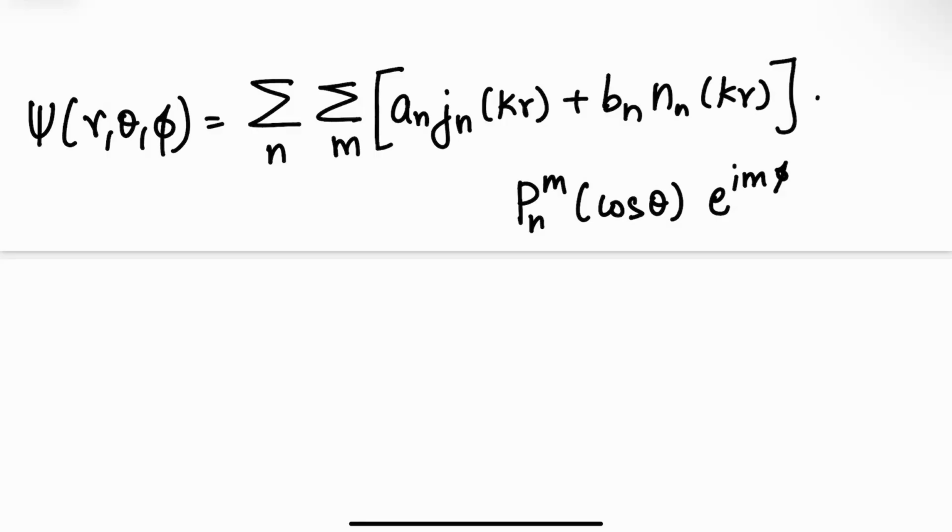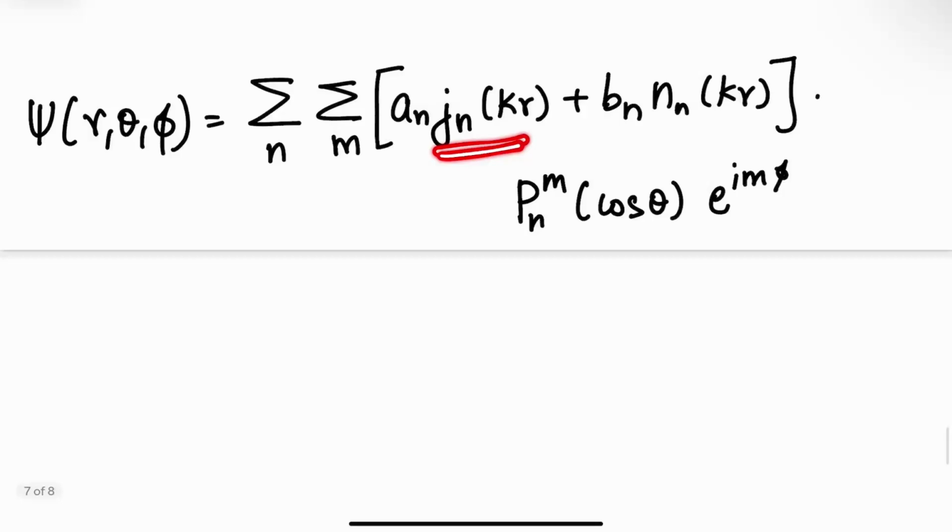So let's just recap. This is the spherical Bessel function of the first kind, spherical Bessel function of the second kind. This is the associated Legendre function or Legendre polynomial of the first kind. This is just an exponential function, right? So the Bessel functions represent standing waves in r.